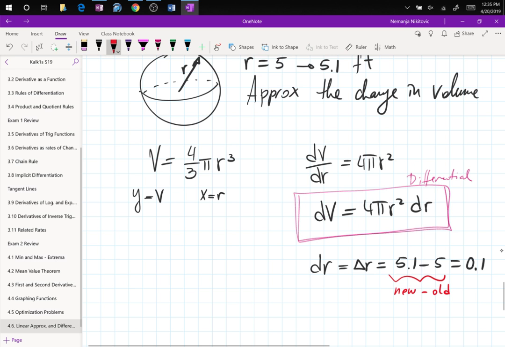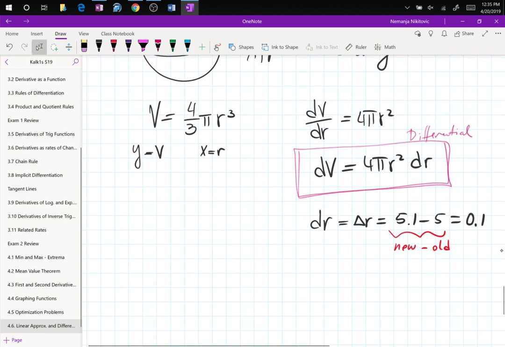So, let's say this sphere is a weather balloon, all right? So you are deflating it. Well, then the radius is getting smaller. So in that case, you will have 5 minus 5.1 for a total of negative 0.1. Now we have positive 0.1.